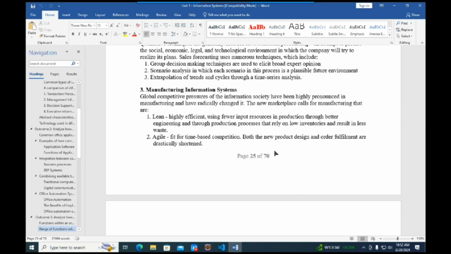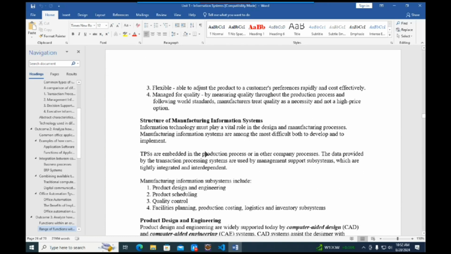So we have the agile also. They are supposed to be flexible. In other words, they should be able to adjust to the preferences of customers on the products so fast, rapidly, and even the cost also. Then number four, there should be management for quality.